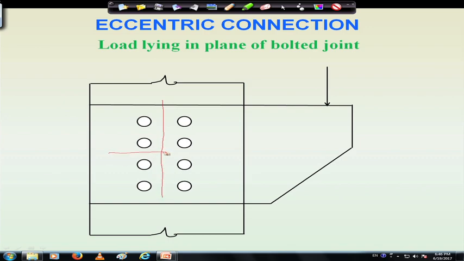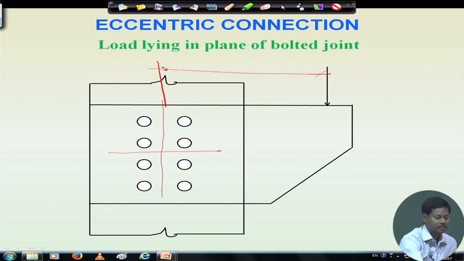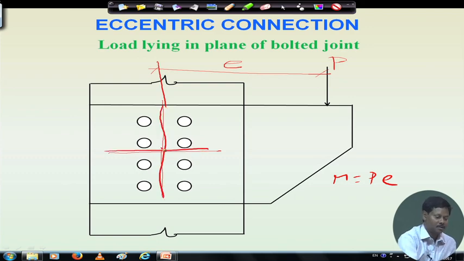The CG of the bolted joint is here, and the load P is acting at an eccentricity E. Then an additional moment will come into the picture, that is P into E. So, we have to calculate the load coming on each bolt, then find out the bolt strength, and see whether it is safe or not.